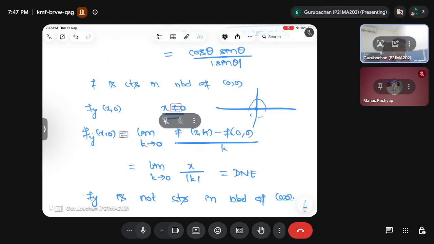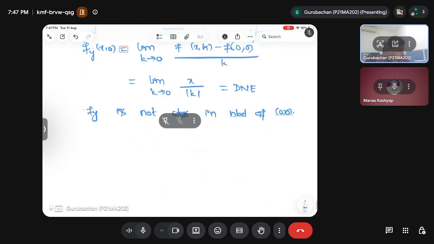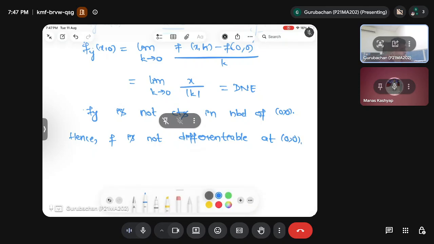Hence f is not differentiable at 0 0. So sometimes if you get confusion, you have that test also that you can apply.